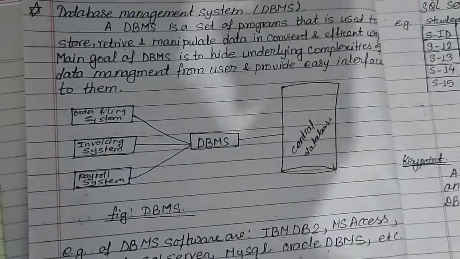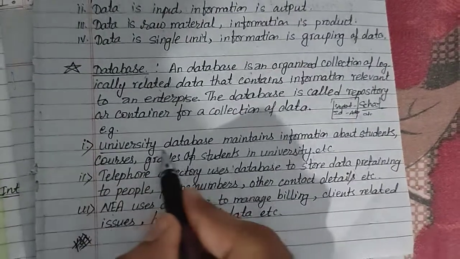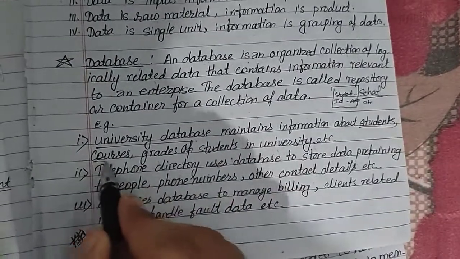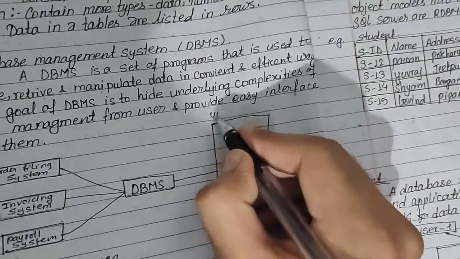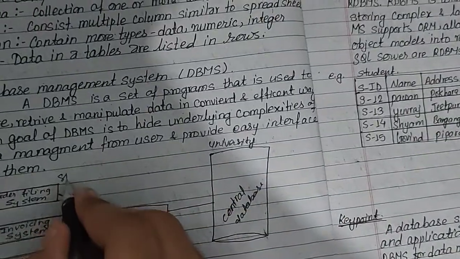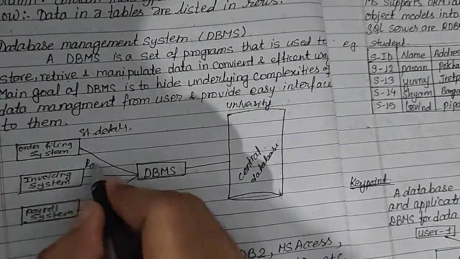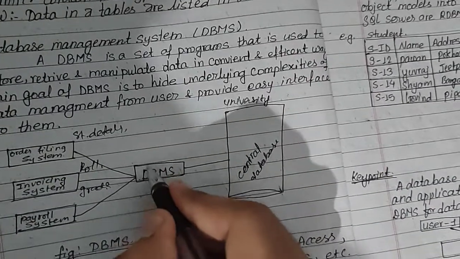Let us take an example from the above example. Suppose we have a database named University Database. It contains the information about students, courses, and grades of the student. The university database has student details, roll, and grades, which are linked by a specific software.